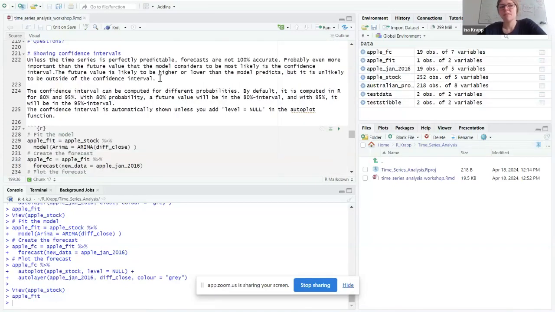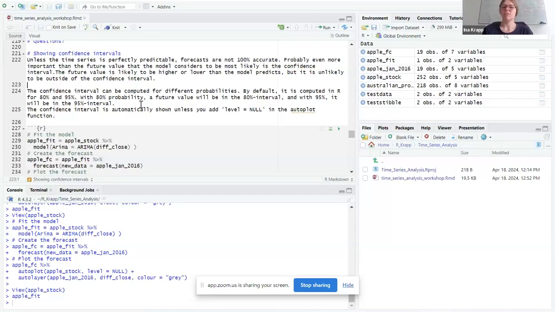Now for time series analysis, there's something called the confidence interval, which gives you information about how this error behaves. The confidence interval is something that you depict for different probabilities. By default, it is computed in R for 80% and 95%, but you can compute it for different values.